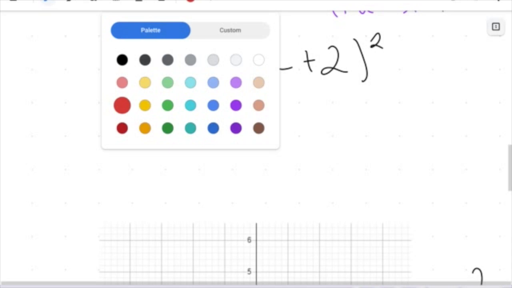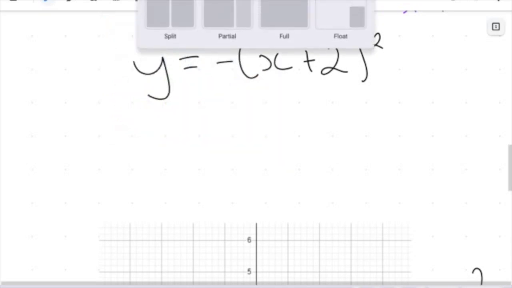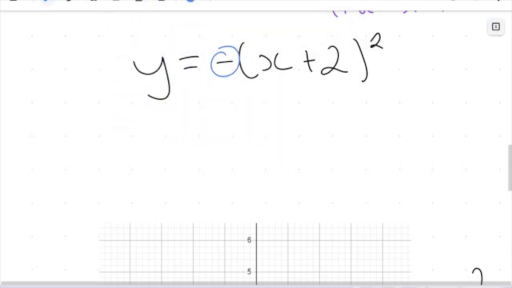First of all, we notice we have a negative in front here. We have my negative in front of my entire expression, x plus 2 all squared. So that automatically, once we have a negative there instead of a positive, implies a reflection.